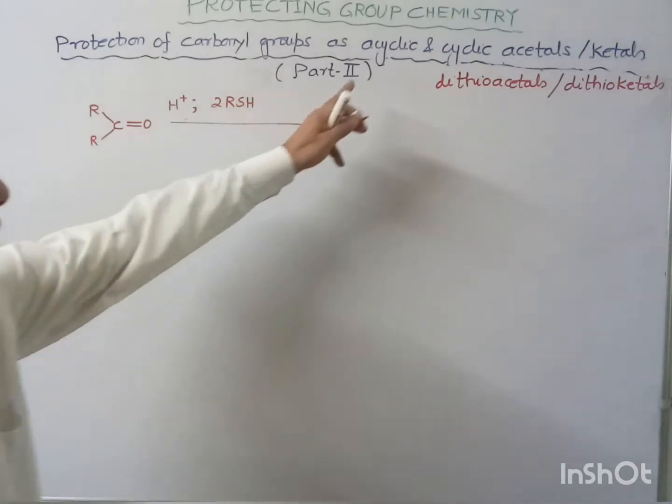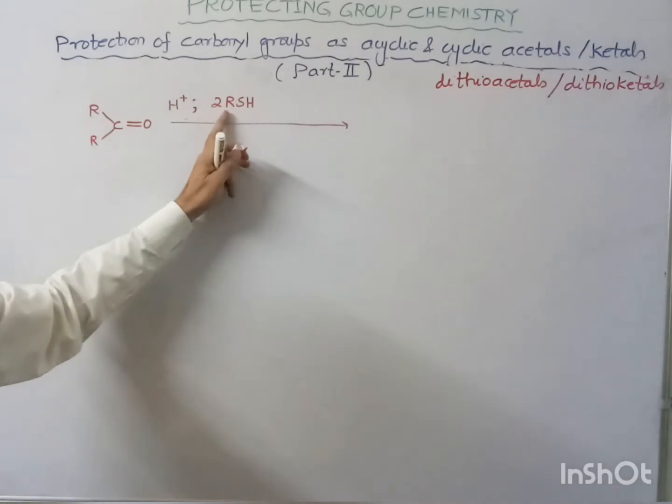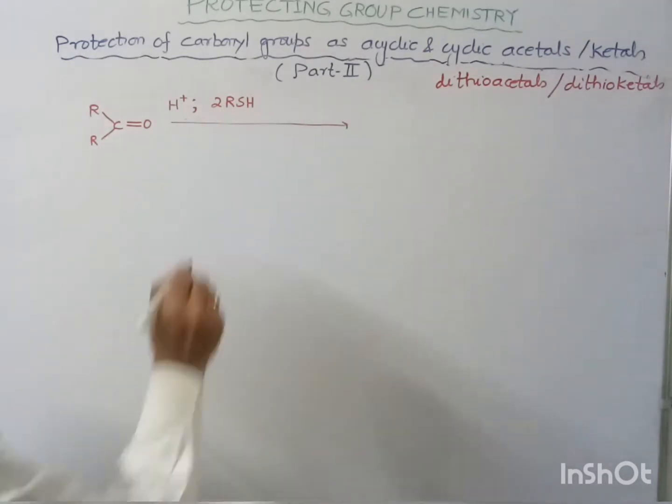For preparation of acetals or ketals we took two molecules of alcohol. Here we are taking two molecules of thiol.